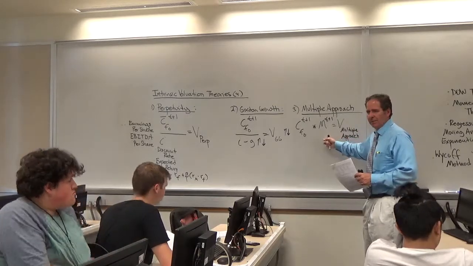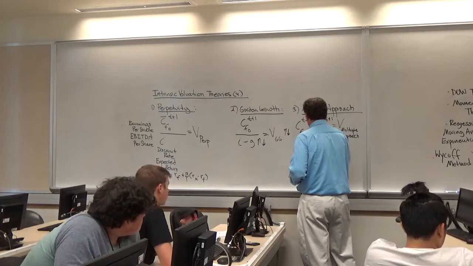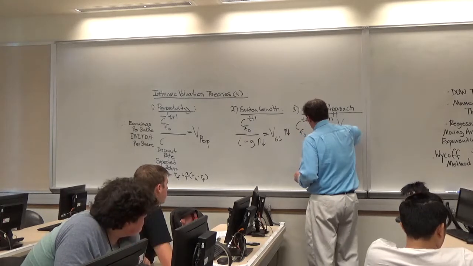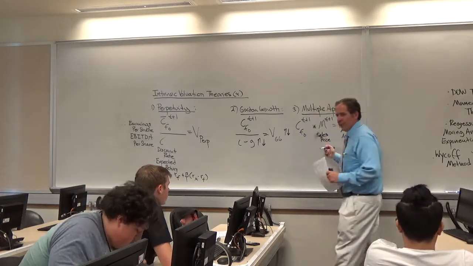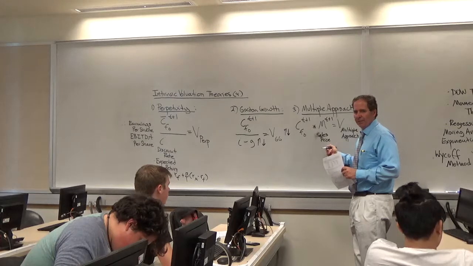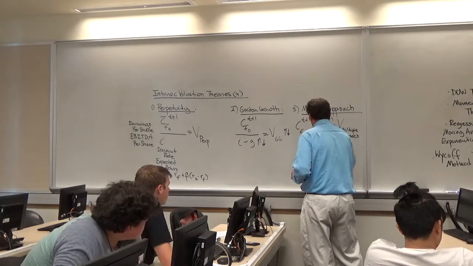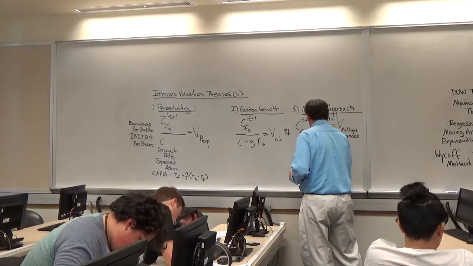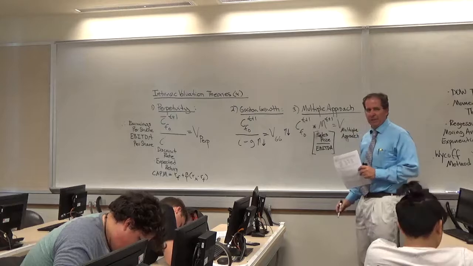Now, the multiples. If I'm doing a company, this would be the sales price of the company divided by the EBITDA.